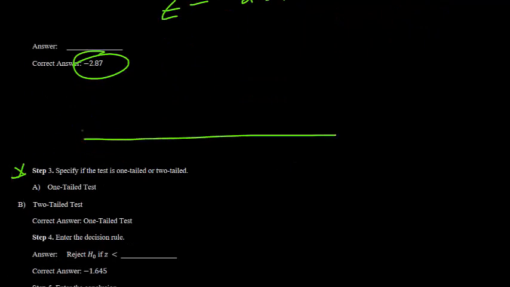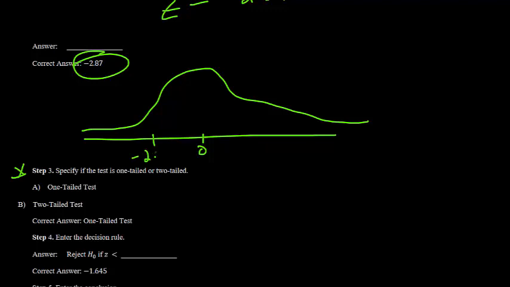I'm going to end up with this curve that looks something like this, and the mean here is 0. Negative 2.87 is much, much further, over here somewhere, and I want to prove whether it's less than or not.